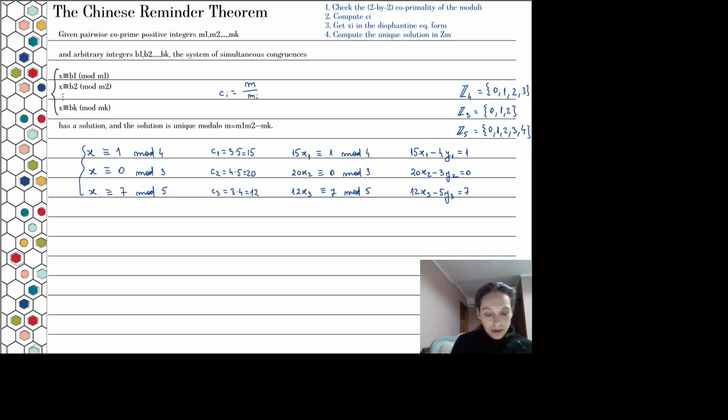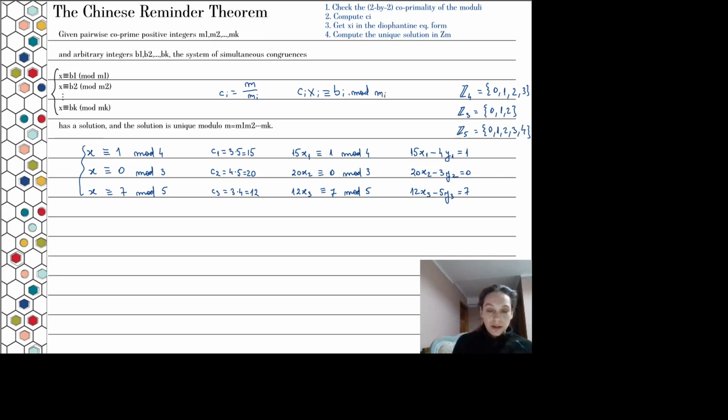So in this place, we will create a new intermediate congruential equation, which is created in this way: Ci xi is congruent to bi modulo mi.